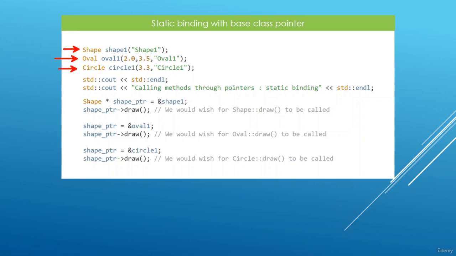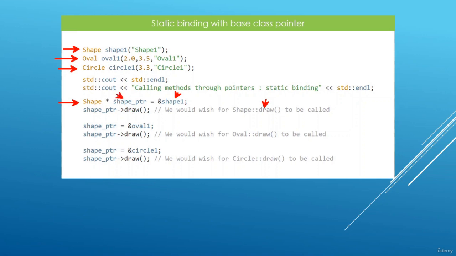We are going to go through a base pointer and try to manage our objects here. In our first line, we're going to set up a shape pointer, and we're going to store in the address of shape1. And what we would want in our C++ program is that if we call the draw method on this shape pointer, we would want the shape draw method to be called because we have a shape object stored in our base pointer here.